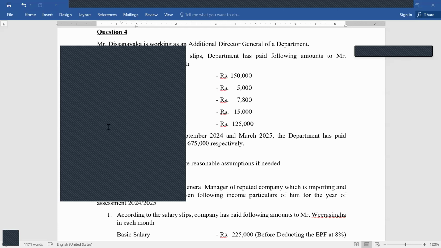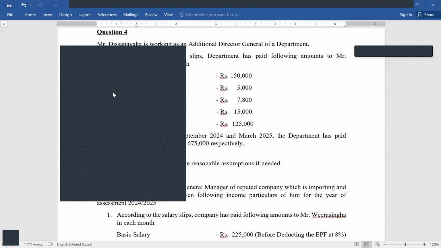Actually, the Act says to consider values provided under this quantification, or the quantification should be done by the Commissioner General if the benefit is not ascertainable. If it is not ascertainable, then only the Commissioner General should quantify. That is how the Act says. But we had some practical issues, like an issue you have mentioned.